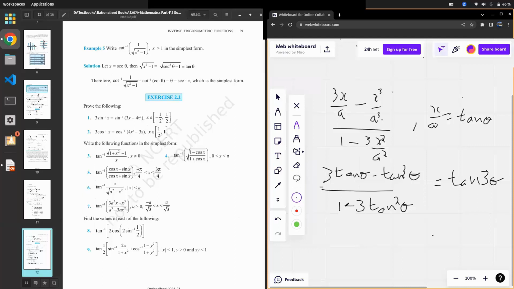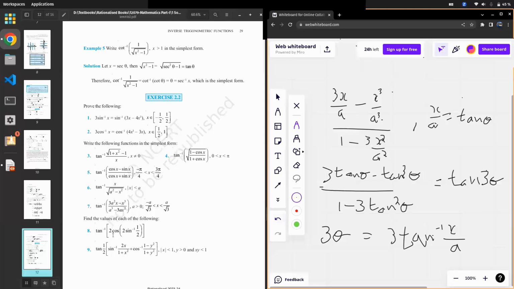Since 3 into minus pi by 6 is equal to minus pi by 2, these are in the acceptable range of the tan inverse function. So this will be simply equal to 3 theta, which is also equal to 3 tan inverse of x by a. So this is the simplified value for the seventh question.